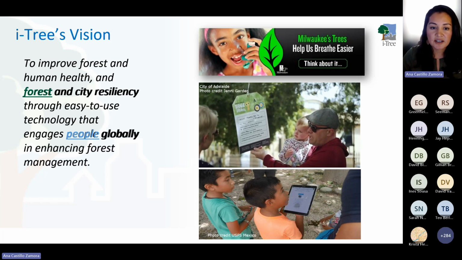In an increasingly urbanizing world where over 80% of people in the United States live in urban areas, and over 50% globally, we need to think about how to manage and invest in the trees where people work and live. So we think iTree is a really powerful tool for that, for educating people about the benefits of trees and just getting connected to the resources in their communities. And this is a theme that you'll see through as you learn the tools, about how you can use it in your community.